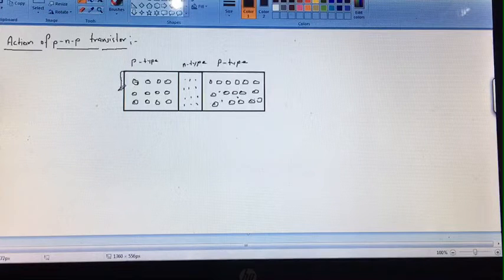This is a metal contact provided to the transistor, which will uniformly distribute the potential applied across its terminal.